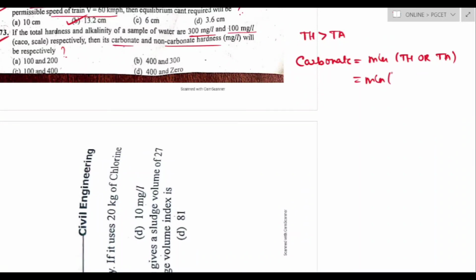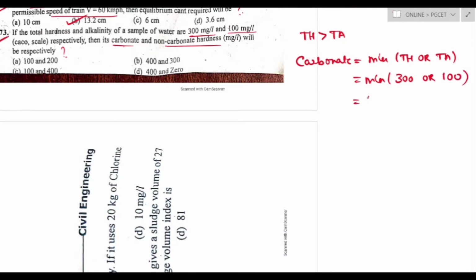Question number 73. If total hardness and alkalinity of a sample of water are 300 mg per liter and 100 mg per liter respectively, then its carbonate and non-carbonate hardness will be respectively. So we have to find the carbonate and non-carbonate hardness of the water. If total hardness is greater than total alkalinity, carbonate hardness is equal to minimum of total hardness or total alkalinity. That is, minimum of total hardness 300 mg per liter or total alkalinity 100 mg per liter.